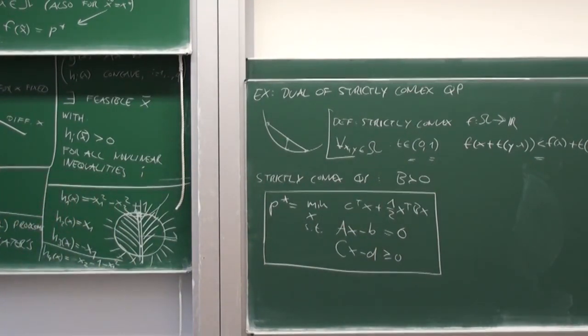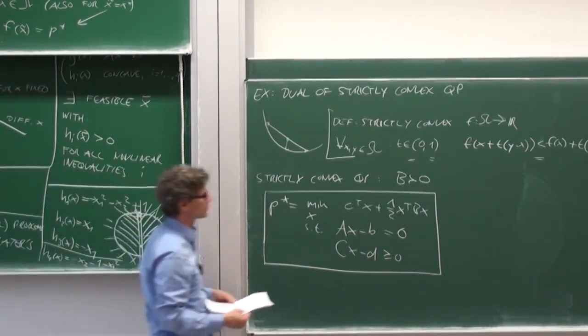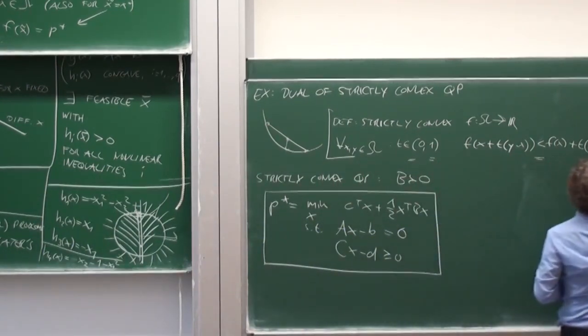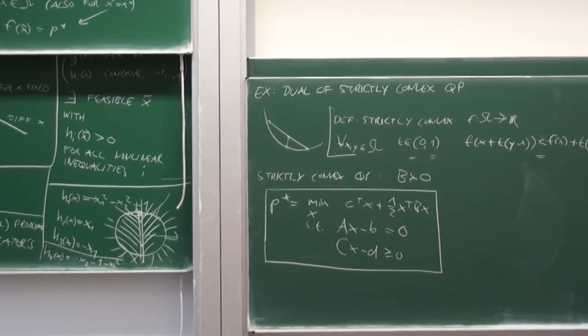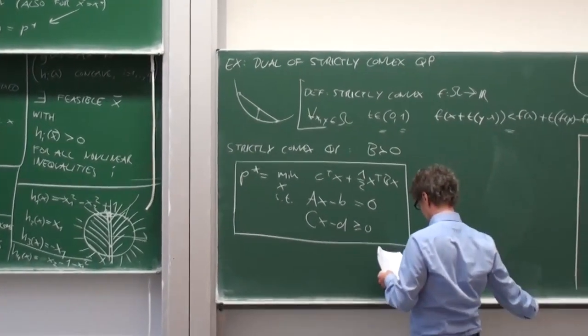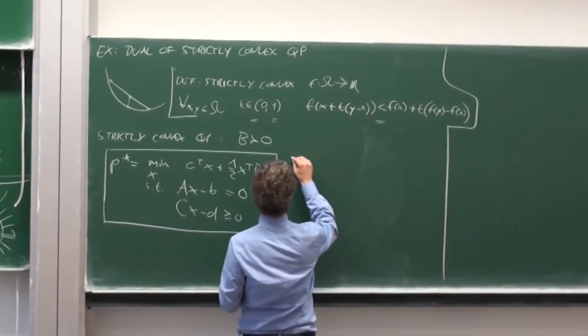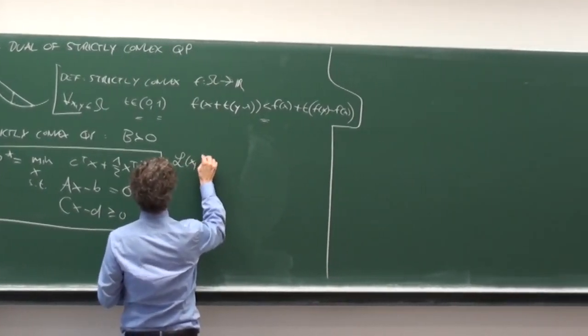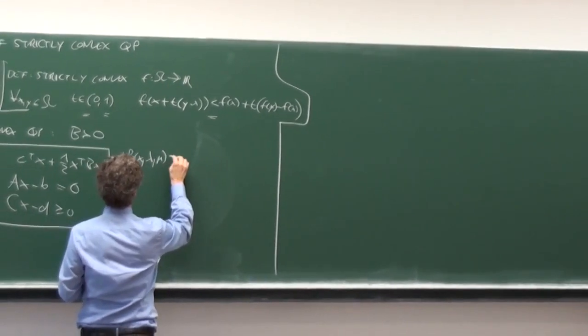And to get a bit of experience with these dual functions, I want to compute the dual function. So let's first define the Lagrangian itself. So what will be the Lagrangian? L of x, lambda, mu.